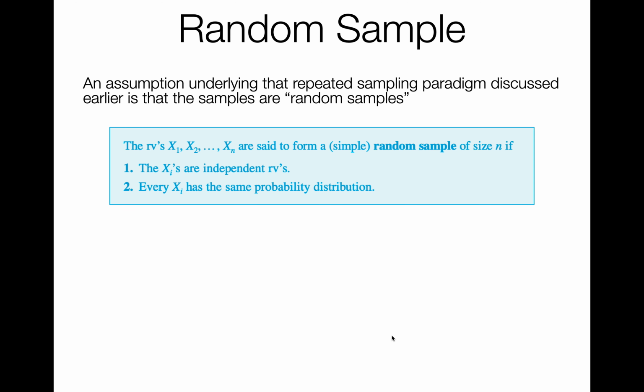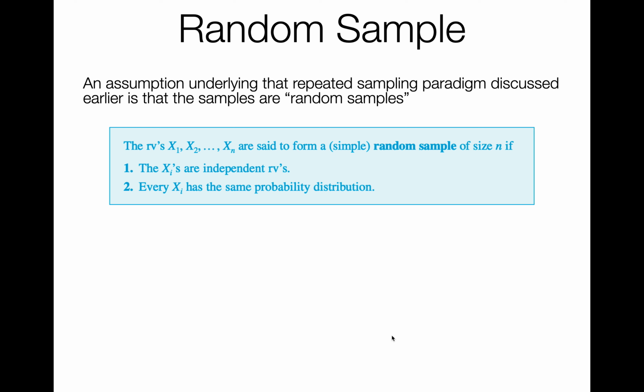And further than just taking many different samples, each of the samples needs to have a certain property or certain type to that. So the paradigm, in a sense, that we were working with when I took a bunch of those samples last time is called the repeated sampling paradigm.